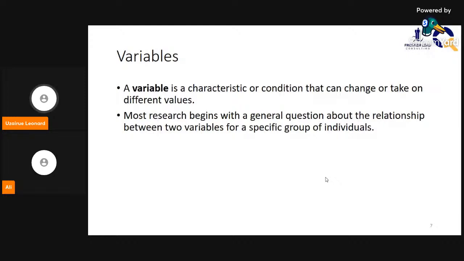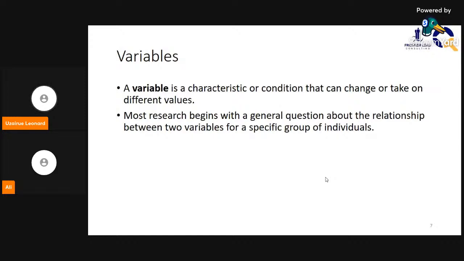If you take a blood sample from an individual today and determine the hemoglobin level, and after some time the diet either improves or does not improve, the hemoglobin level is bound to either increase or decrease.